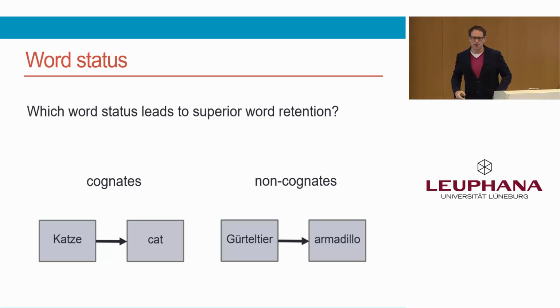Okay, this is an armadillo. I always use this because you can also see that if you're going to compare cognates and non-cognates, you're going to have to make sure that in both sets of words you use, you're not only going to use one word in each condition. You're going to have like 30 or 40 words. You're going to have to make sure that in each condition, the length of the word is matched and also the frequency.